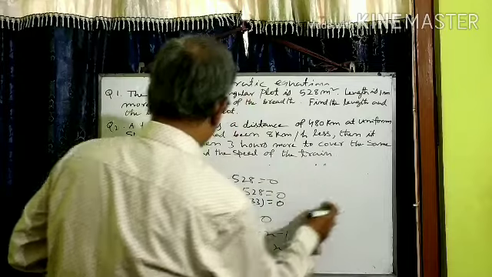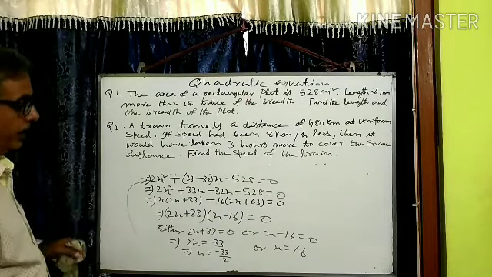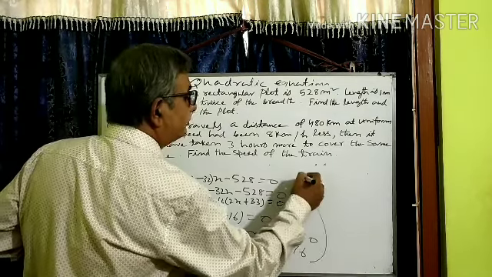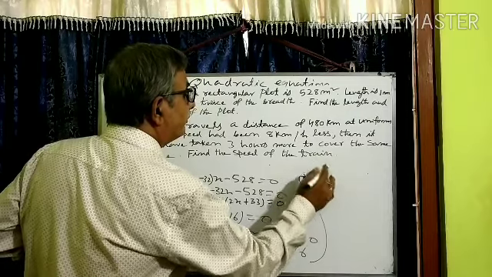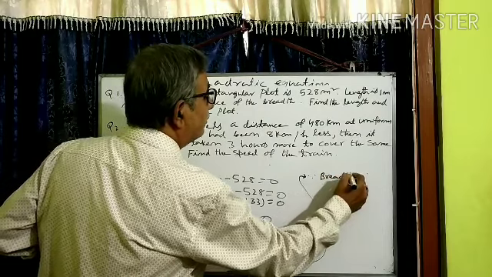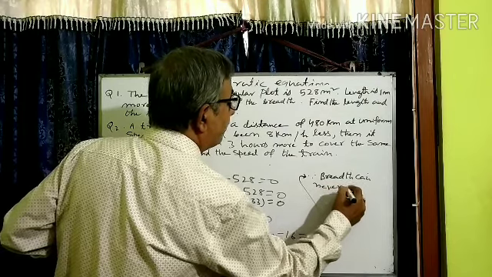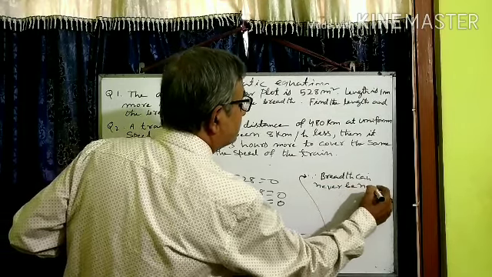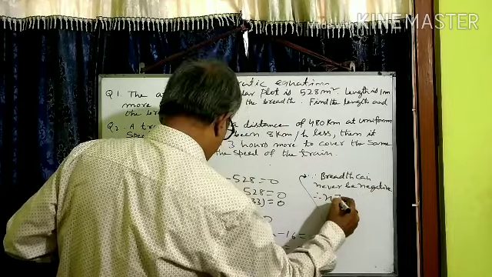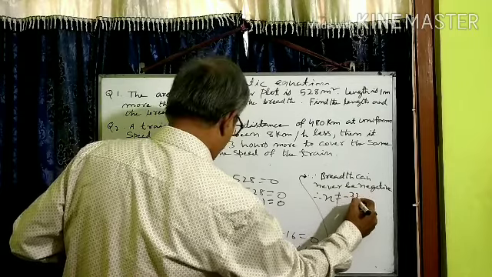You can write here like that. Since breadth can never be negative, therefore x cannot be equal to minus 33 by 2.